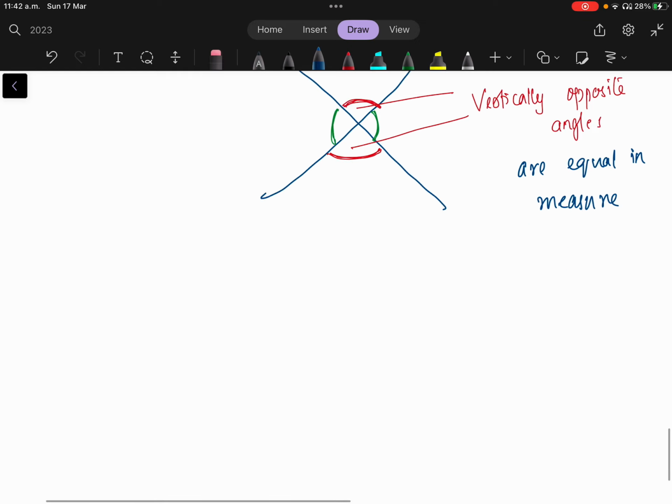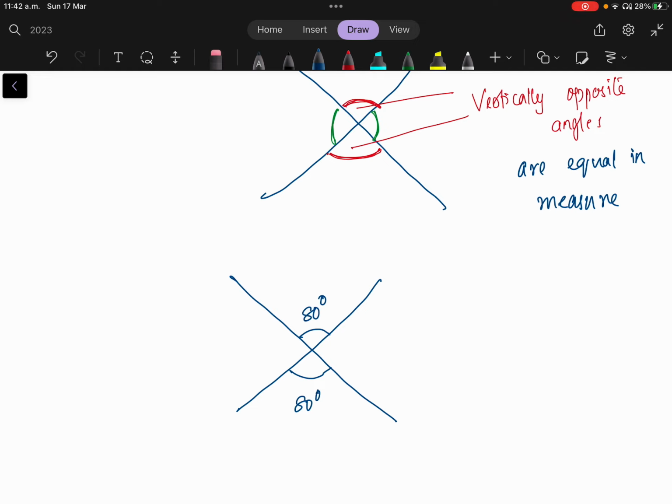So let's take an example for this. Suppose I have two lines like this, and this angle is 80 degrees. Automatically this angle will be 80 degrees. Now what will be the angle which I am marking in red?